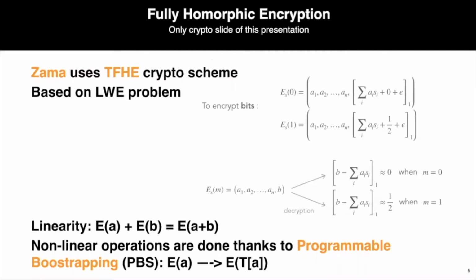Either you get something very close to 0, which means that the message was 0, or if this result is very close to 1/2, the message was 1. So you can see that the encryption is pretty simple.